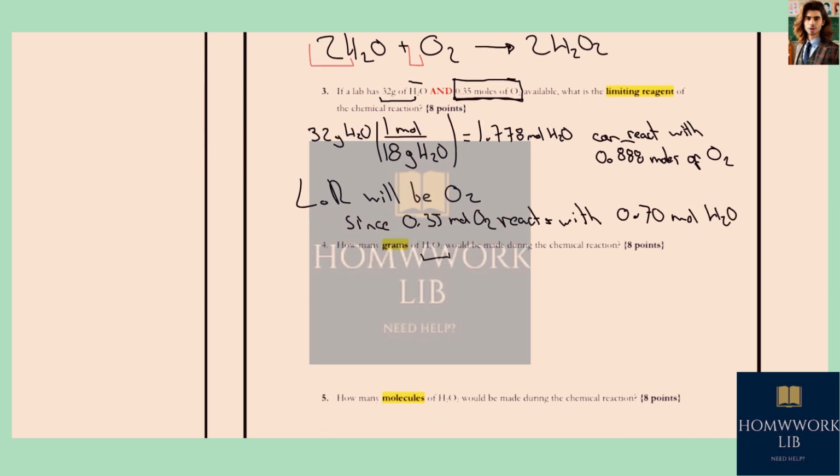Now, how many grams of hydrogen peroxide will be produced during the chemical reaction? We have identified that the limiting reagent is oxygen, so we're going to start with 0.35 moles of oxygen. We know that 1 mole of oxygen is going to produce 2 mole of H2O2, and we know that hydrogen peroxide is going to have a molecular weight equal to 34 grams per mole.